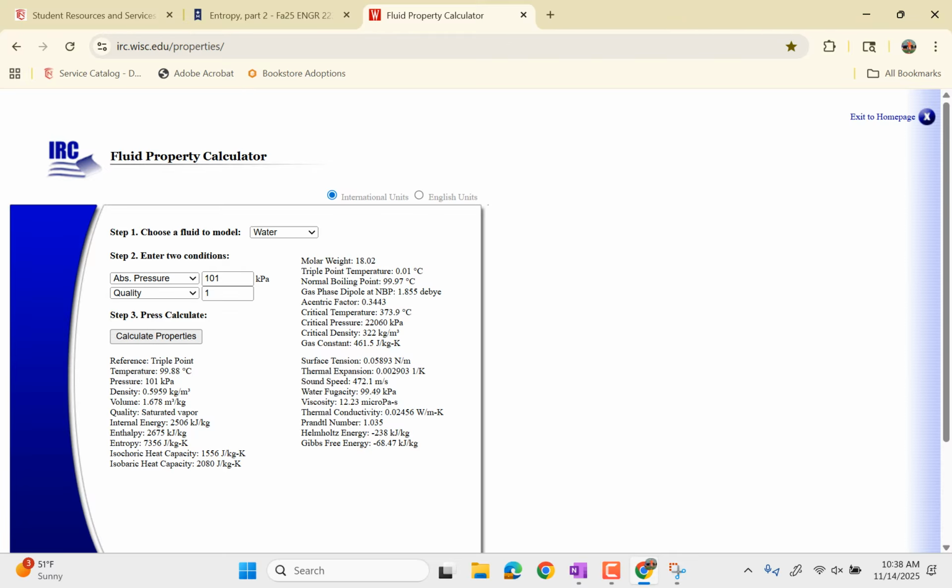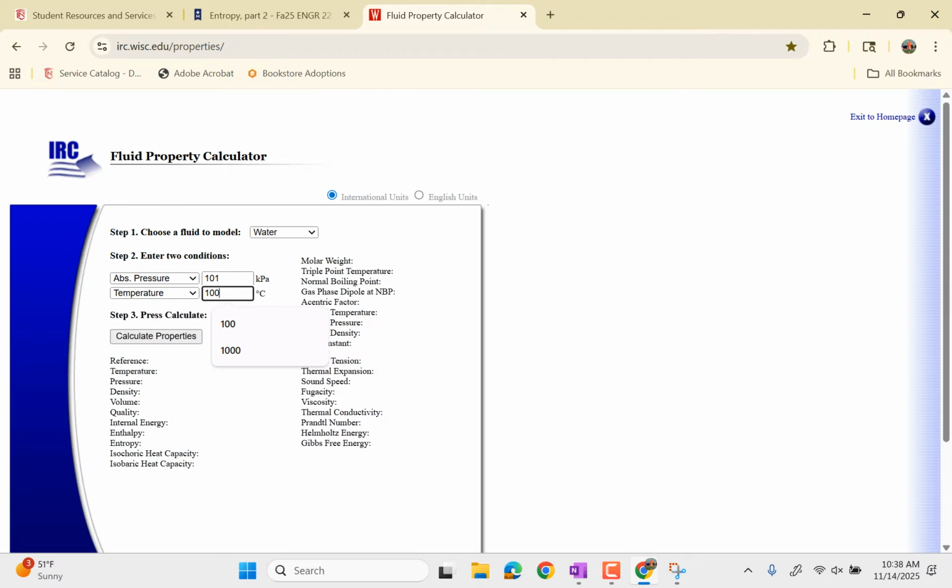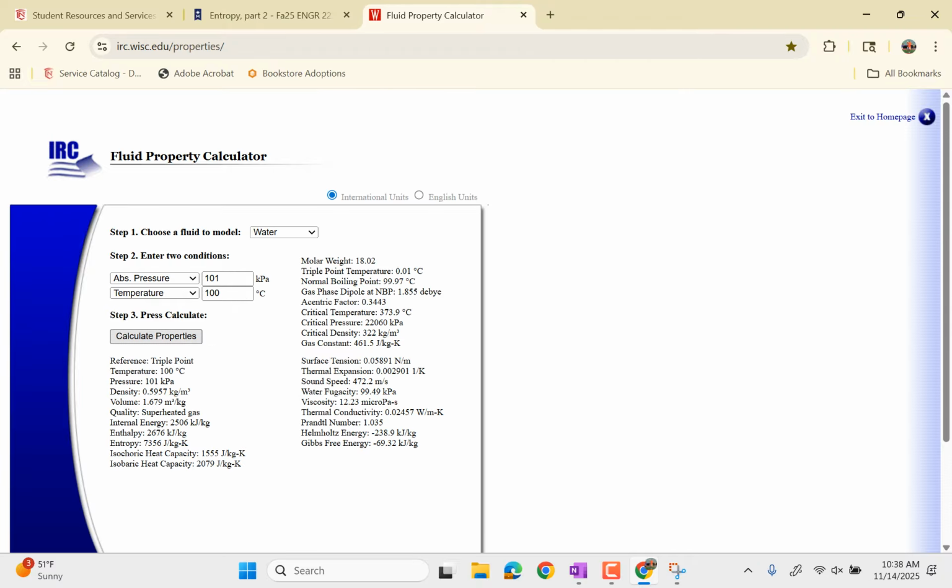So the enthalpy is 2675 times 10 to the third. No, it'll be the same. It's 99.88. So 2676. Yeah, so there's a tiny little difference there.